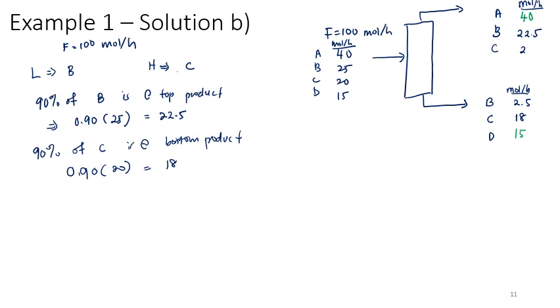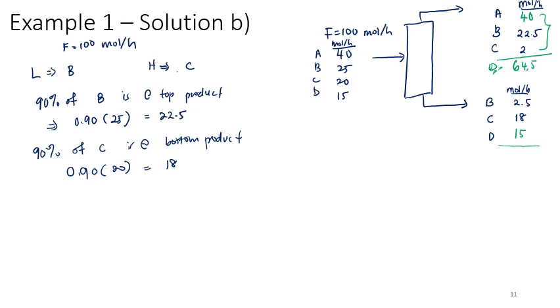So we can do part A, moles per hour and composition of the distillate and bottom product. So the mole per hour of the distillate product is the summation of this: 40 plus 22.5 plus 2 equals 64.5 mole per hour.